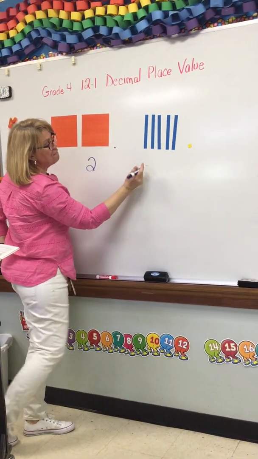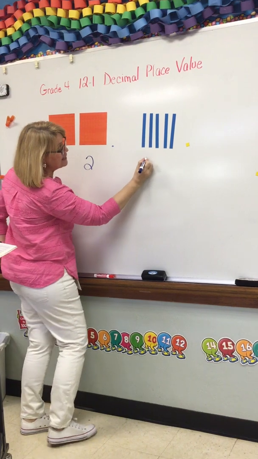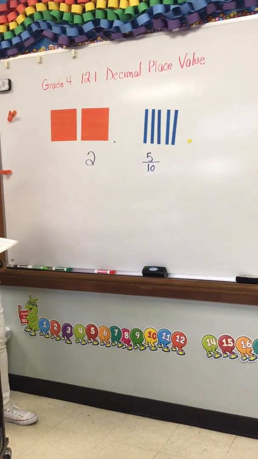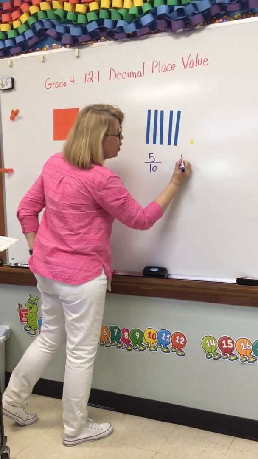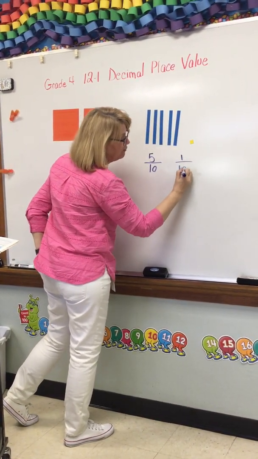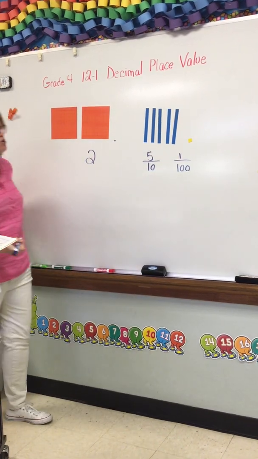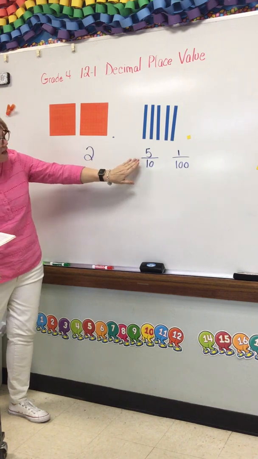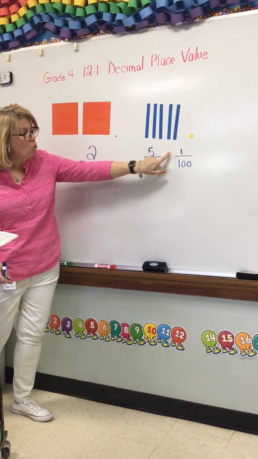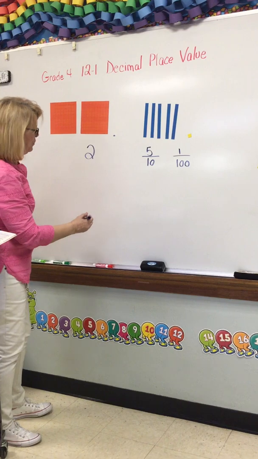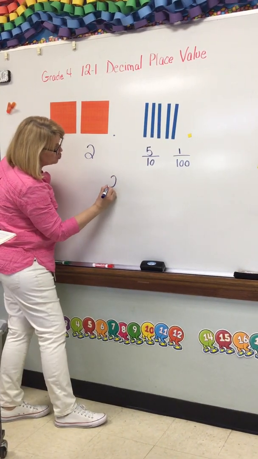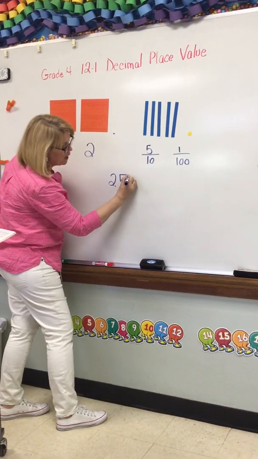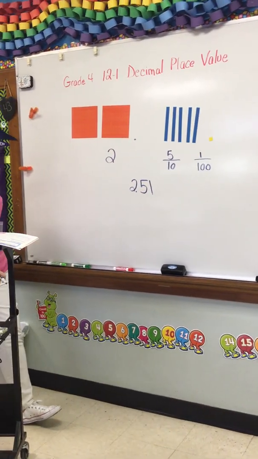Well, I've got 5 tenths, because I have 5 10-sticks, and I have 1 out of 100, because it would take 100 yellows to make one of these. So I've got 2 wholes, and then 5 tenths plus 1 100th. So I would write this as 2 wholes, 5 tenths, and 1 100th.